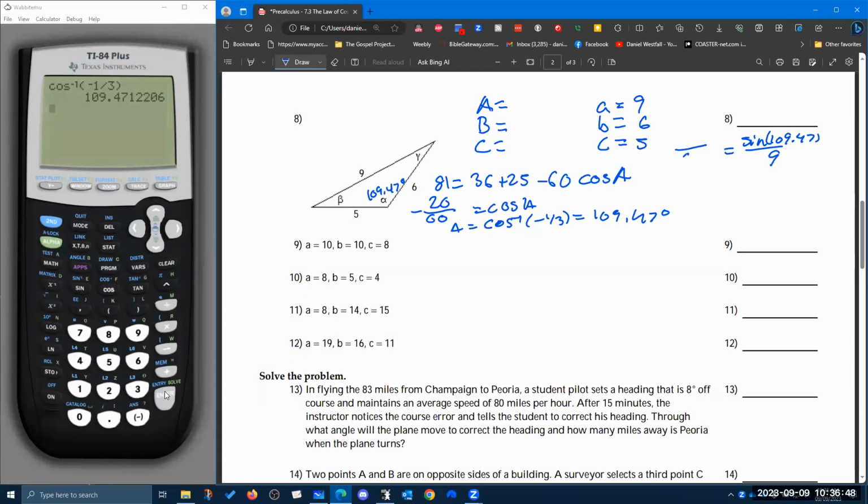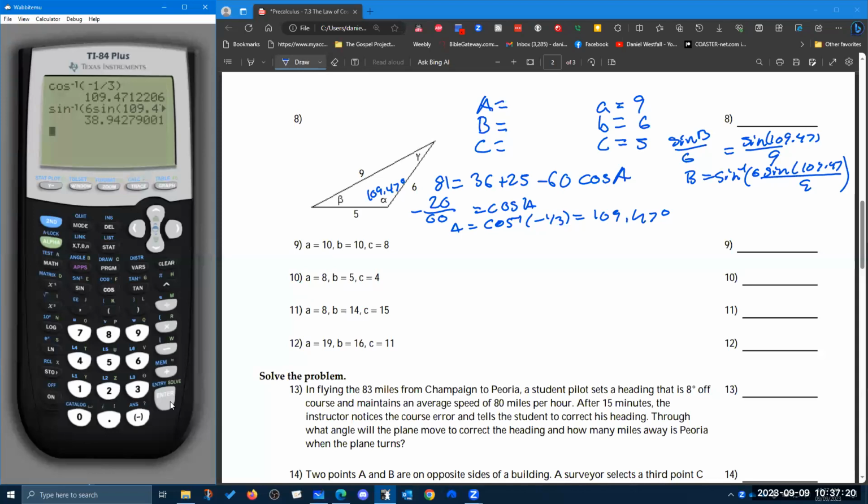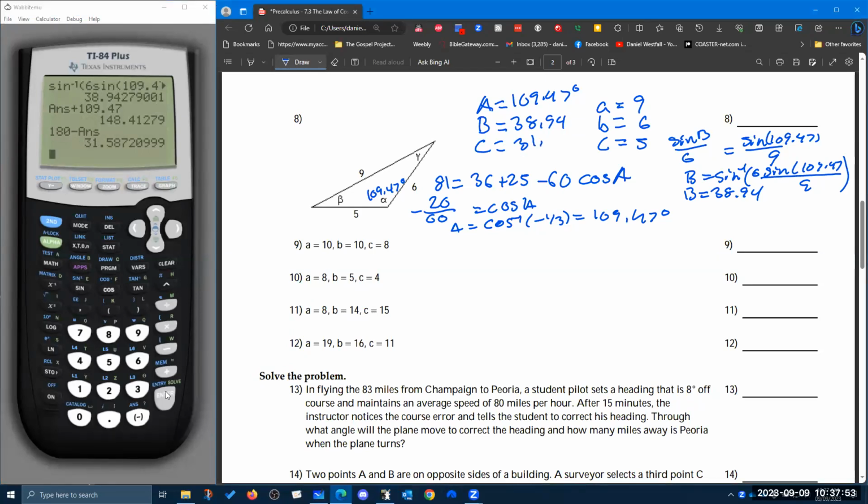Let's solve for B. B equals arc sine of 6 sine 109.47 over 9, which is 38.94. And then the third angle is 31.59.